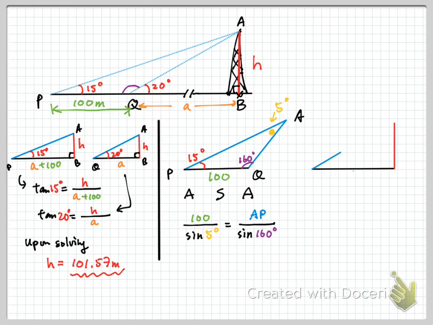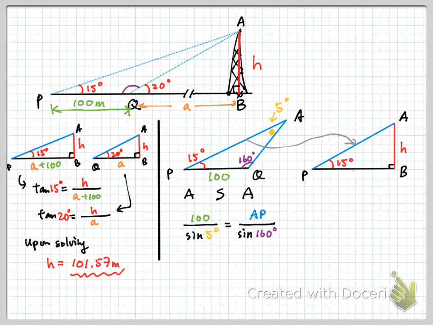In the meantime, you might want to use the calculator to find the value of AP. This is B, right angle. This is point P. Once you have AP, you can put it back into this triangle because it is the same AP, and use a simple trigonometric ratio to get H.